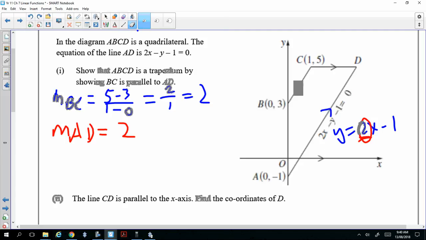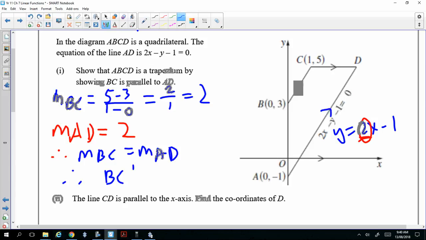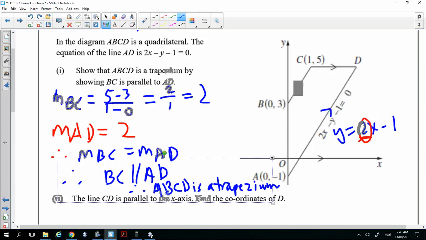So therefore you write, BC is parallel to AD. Therefore, ABCD is a trapezium. It's all deduction. Therefore, it's a trapezium because you have one pair of parallel sides. Okay, done.